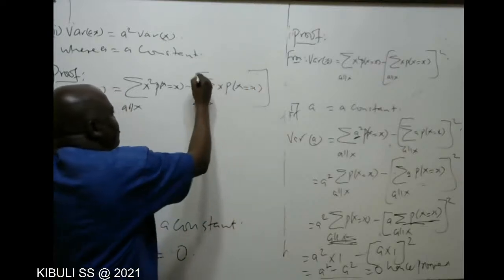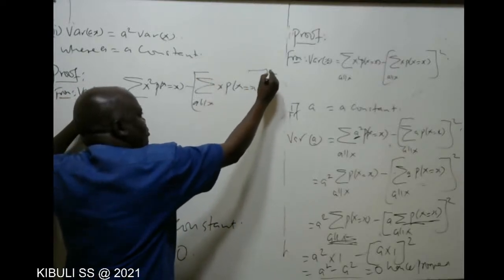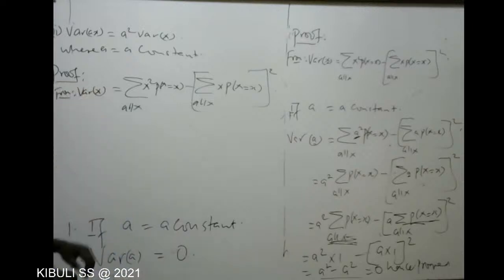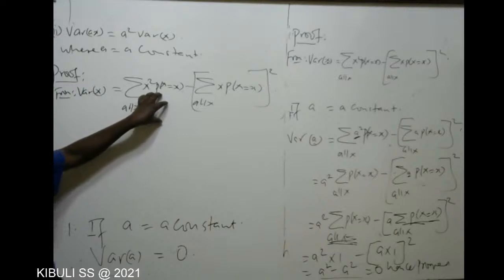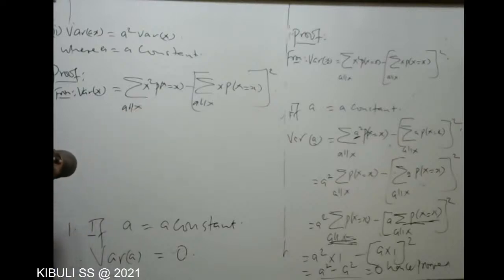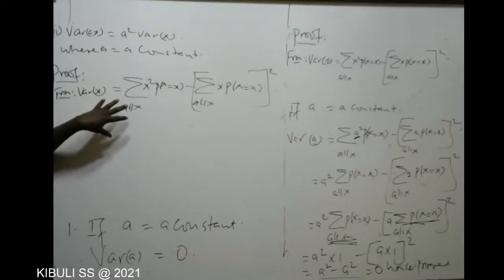This one, the variance formula, you should be familiar with. By the way, if you study the formula, we are also aware from our theory of statistics that this formula is similar to the one which we did earlier on. That one we shall discuss as we proceed.